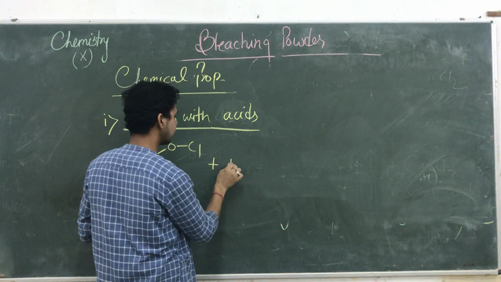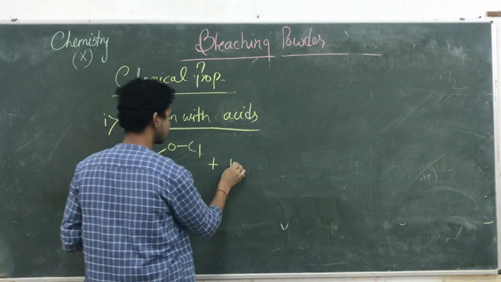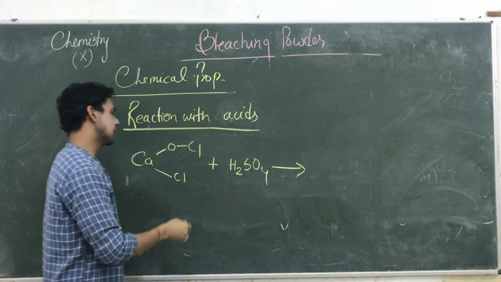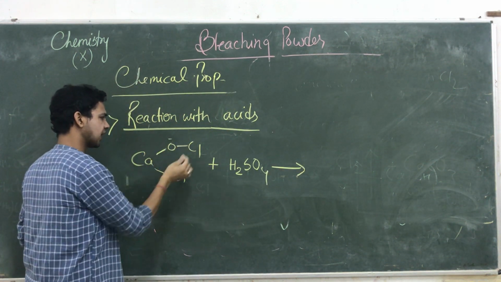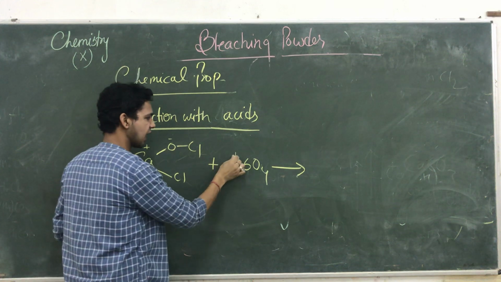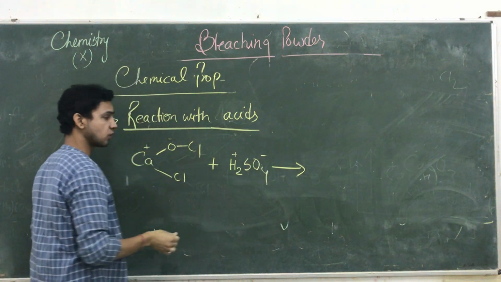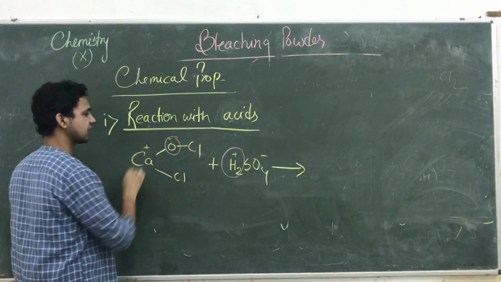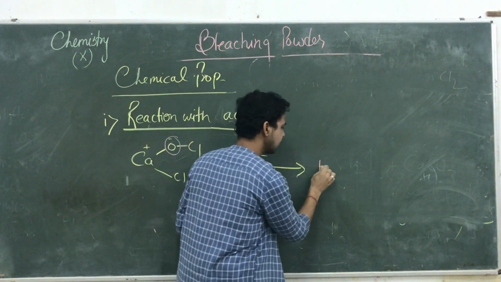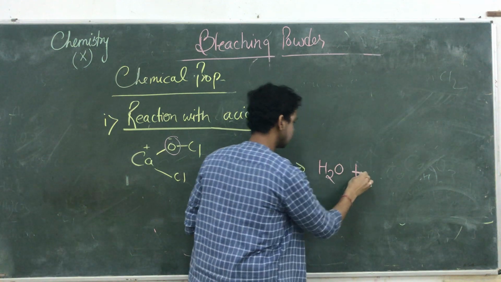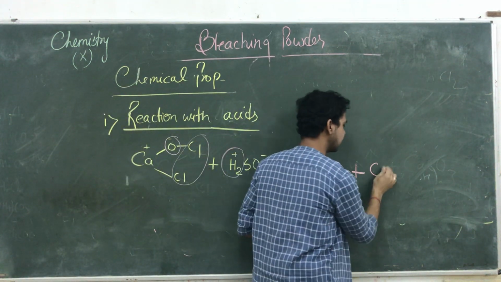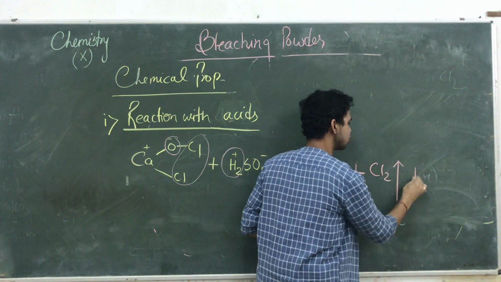So suppose here we are taking H2SO4. See guys, O negative, calcium positive, H2 positive, SO4 negative. So this H2 will liberate what from here? O. So they form H2O. And these two chlorines come out together and form what? They liberate in the form of Cl2.